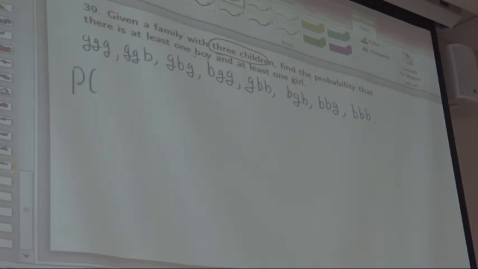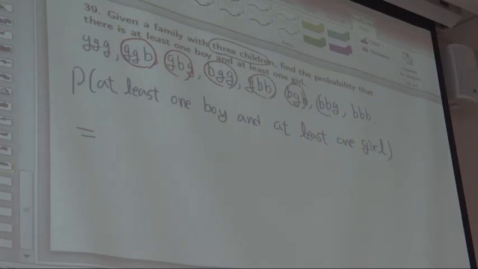We want at least 1 boy and at least 1 girl. So that probability is just circle that. 1, 2, 3, 4, 5, 6. That's it. That's easier, right? The listing is easier sometimes.